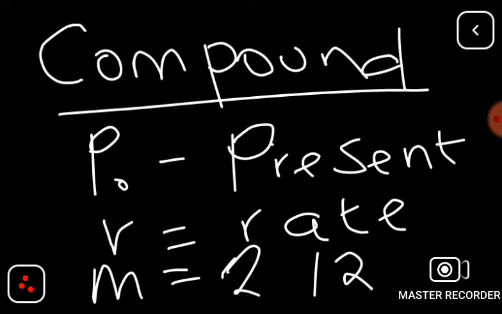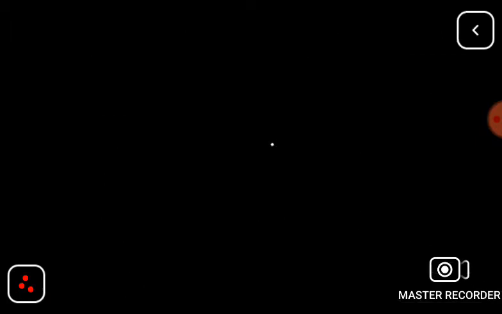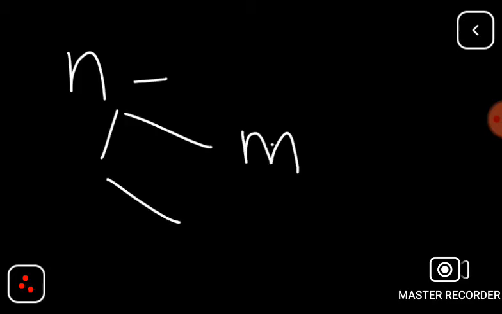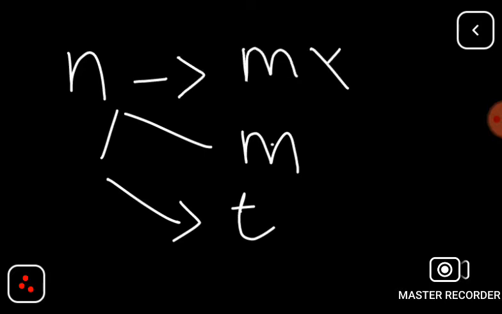Okay, then we also have another term, N. When we are compounding for the future, N is the number of conversion periods. So in this N, we'll have two things. We'll have the same M that we just talked about, and we'll have T, which is the number of years. So we can say N is equal to M times T. Why M times T?